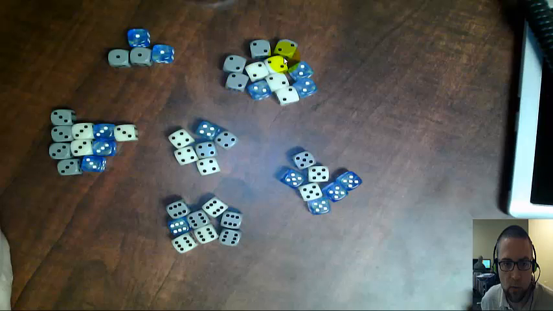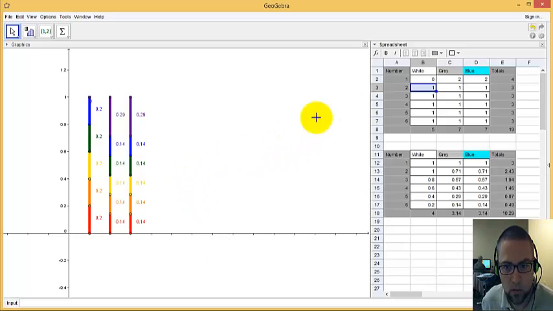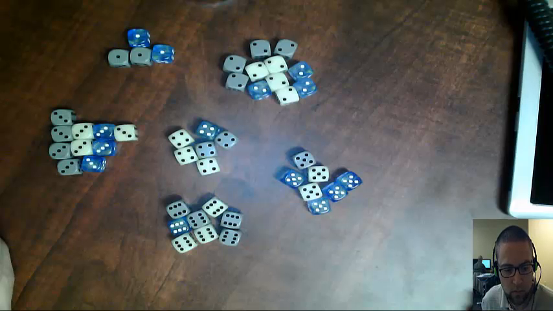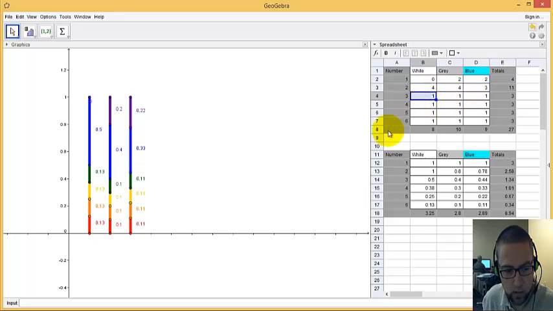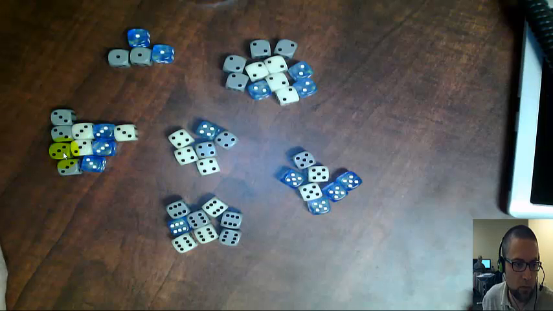2, so I have 4, 4, and 3. So, what was it? The 3 was blue. So, 4, 4, and 3. Okay, and then 3s. 4, 3, 3, so the gray was a 4.